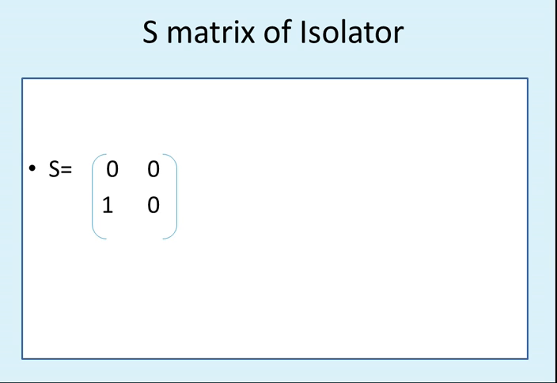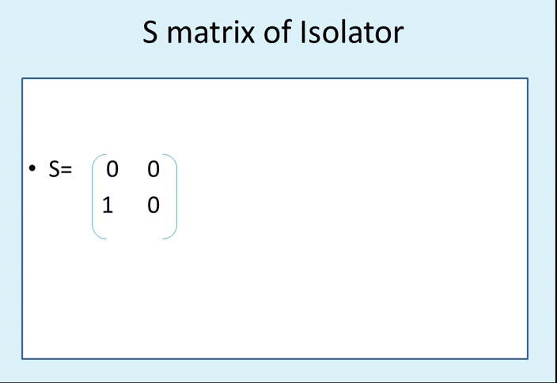This is the S matrix for the isolator. As you can see, this is for the ideal isolator, which is lossless. So every S parameter, that is S11, S12 and S22, is 0, whereas S21 is the input applied at port 1 with output considered at port 2.